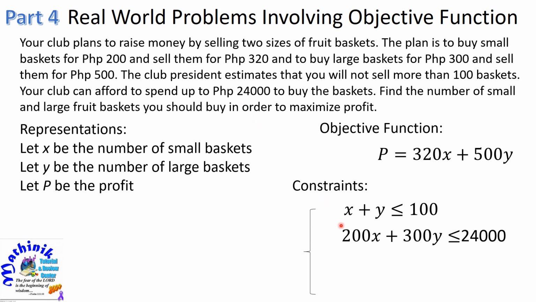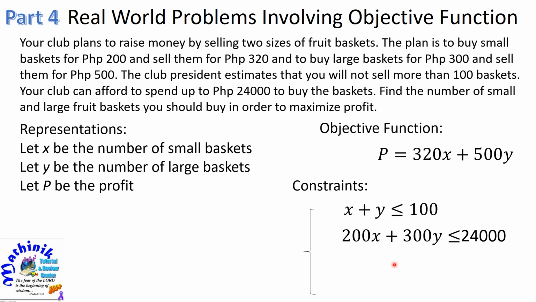So if the small baskets can be bought for 200 pesos and the large basket can be bought for 300 pesos each, then the amount spent by the club will be 200x plus 300y, and this must be less than or equal to 24,000.